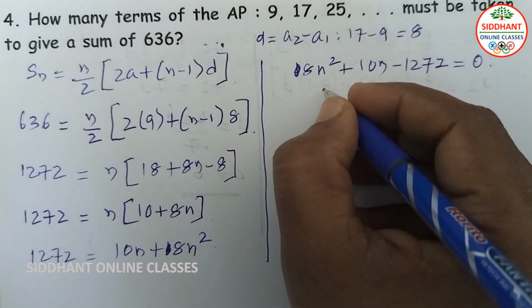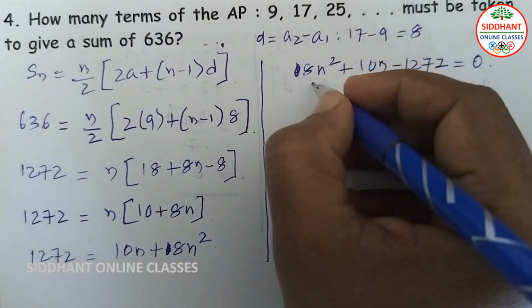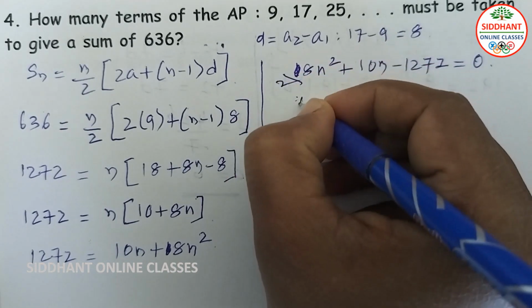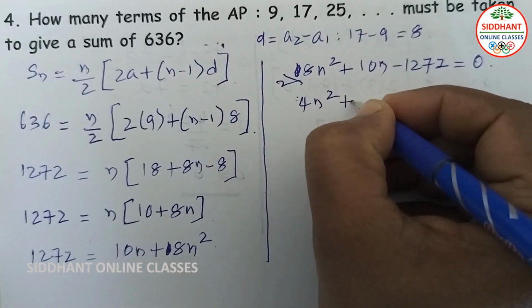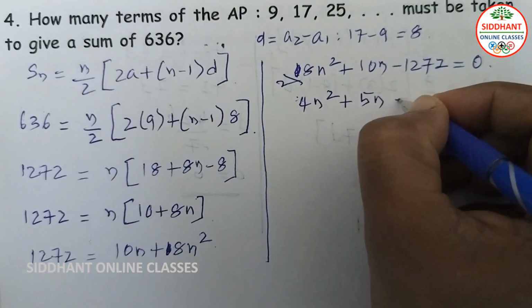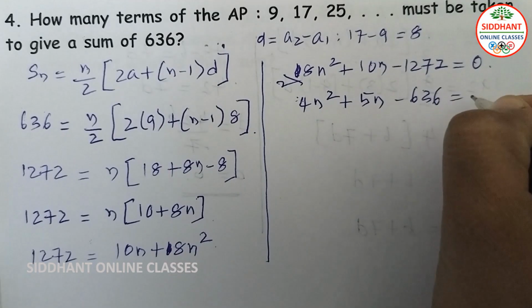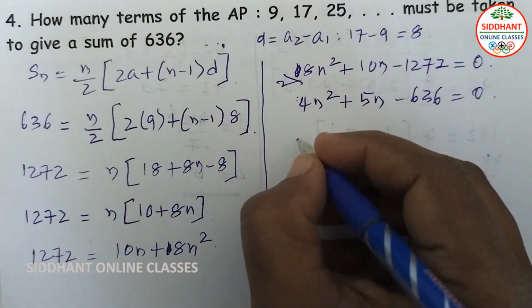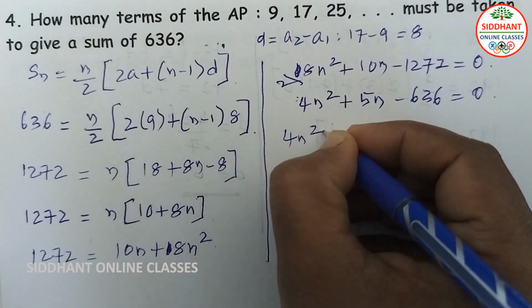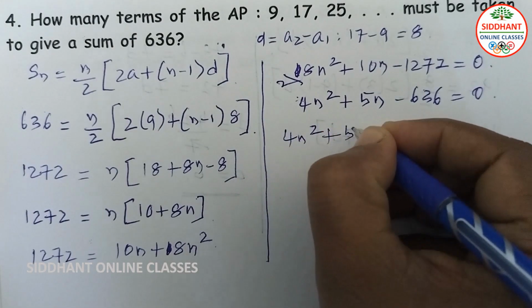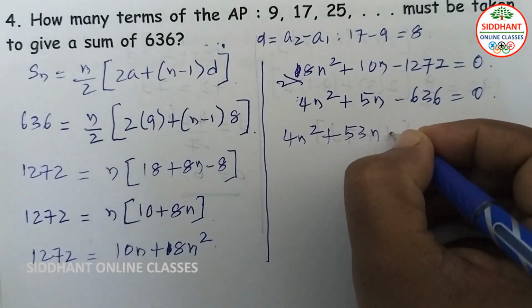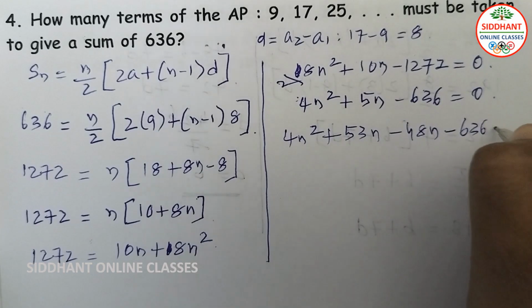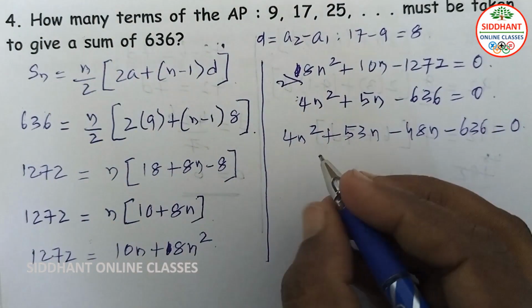Now divided by 2 we get 4n square + 5n − 636. Now taking the factors, 4n square + 53n − 48n − 636 = 0.